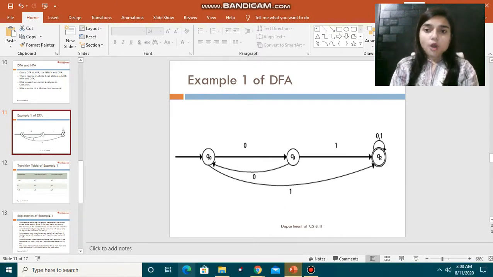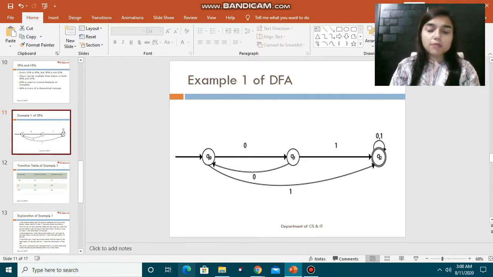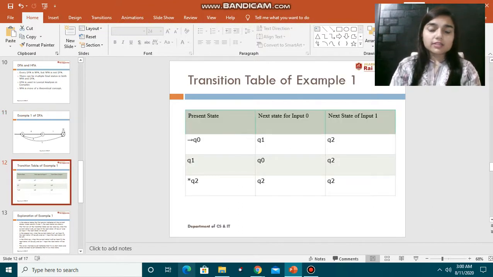In Q2, on giving 0 and 1, it remains on the same state because there is a self loop over Q2. Here Q0 is the initial state because an incoming arrow is there, and Q2 is the final state because it has a double circle.